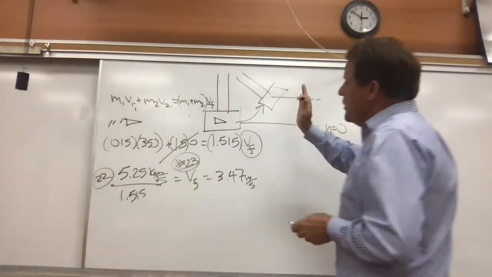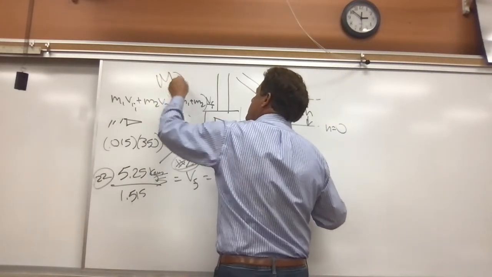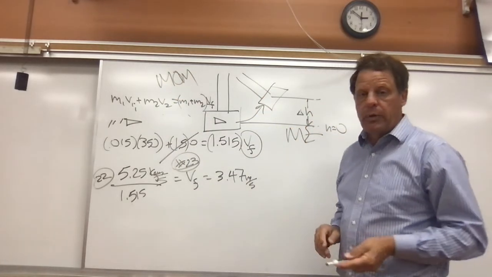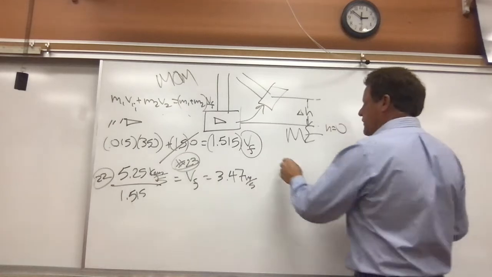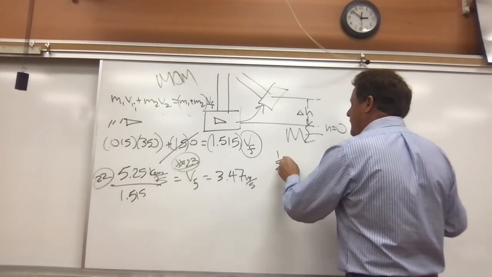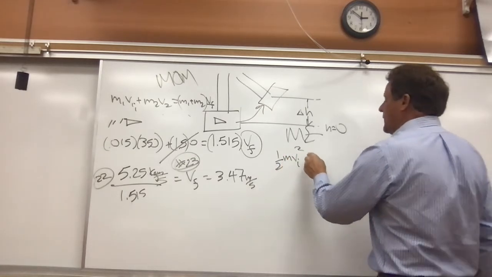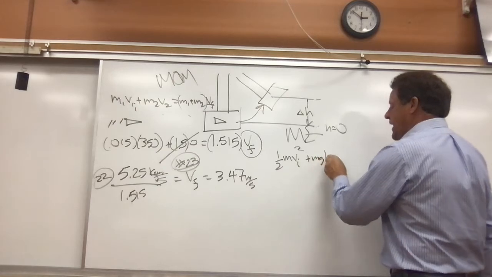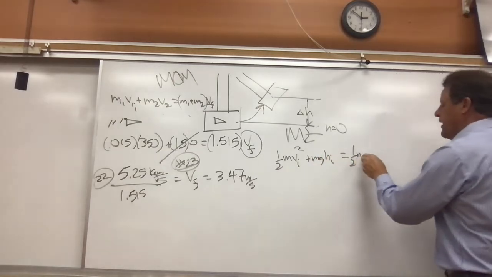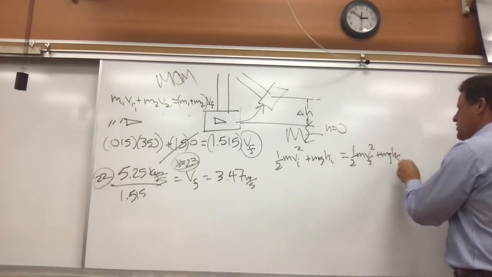Again, when we have these ballistic pendulums, we have the momentum side, and then we have the mechanical energy side, okay? So in this case, we're going to have 1/2 mv squared, the kinetic energy initial, plus the mgh, the potential energy initial, and that's going to equal 1/2 mv final squared plus mgh final.